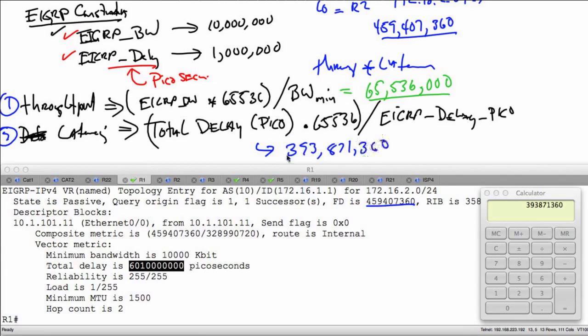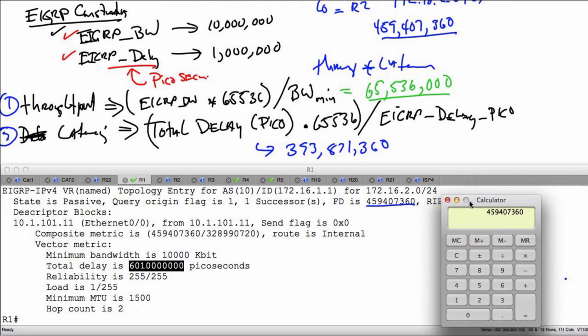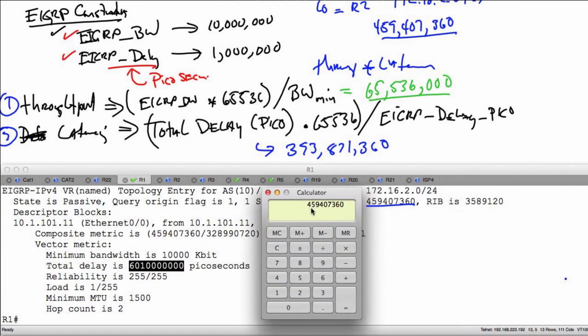So when I come up here and take 393,871,360 and add 65,536,000 and hit enter, I get a metric computation of 459,407,360.